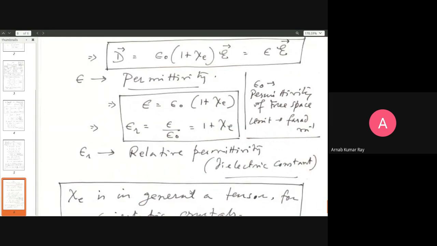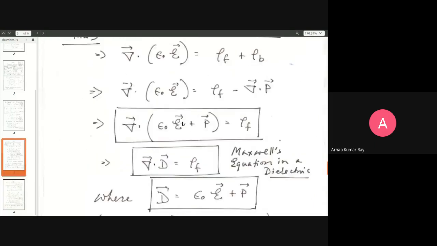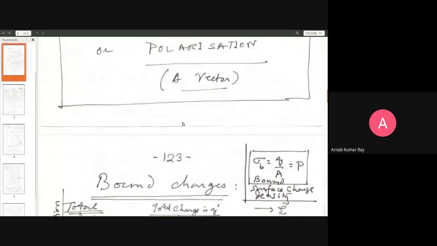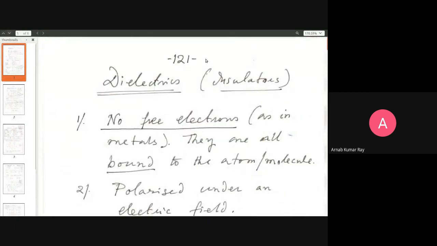Like I told you earlier, there was a certain skipping of pages. We note that these pages of polarization notes go from page number 121, whereas we finished our Laplace Poisson discussion at page number 102.